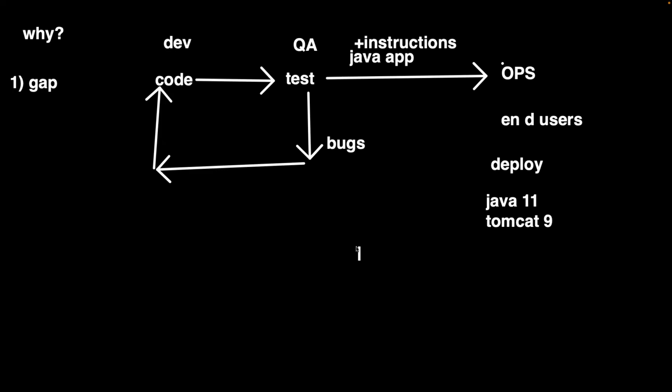But ops teams have to install it on different servers, different operating systems, maybe Linux, Windows, and so on. So the instructions provided by developers may not be understood by ops teams properly, or else they might be working on a few servers, but not on all, because it might be working on Windows, not on Linux.